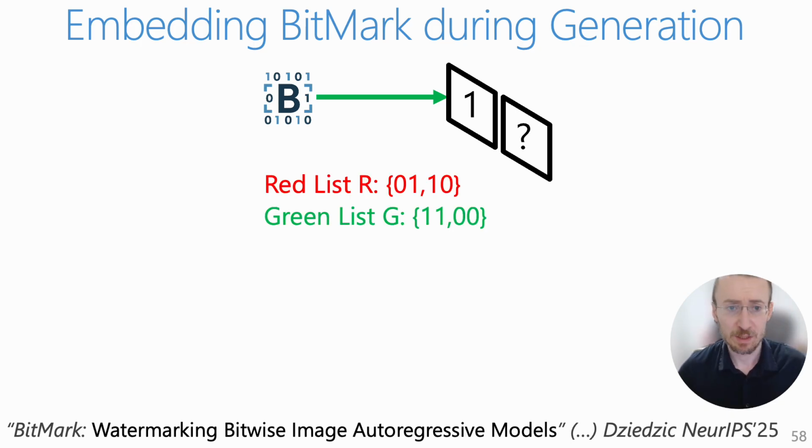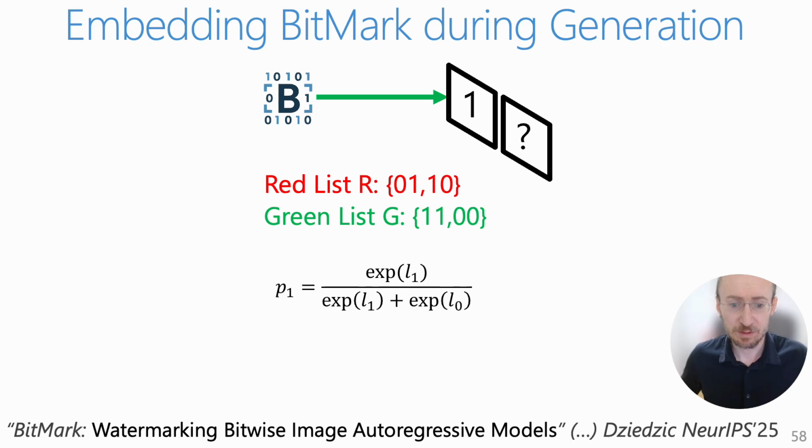So first, we separate the list of all possible bit sequences, in this case 2-bit sequences, so 0 1, 1 0, 1 1, and 0 0, into red lists and green lists. This is similar to how we do it in the language domain. Let's assume that the previous bit was 1. For the next bit prediction, we take the logits from the model. So the model predicts what should be the next bit.